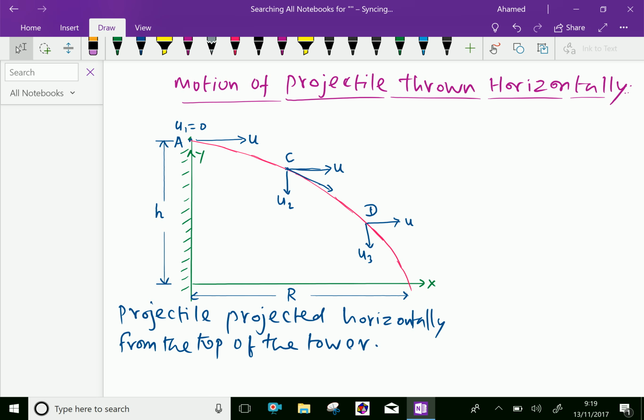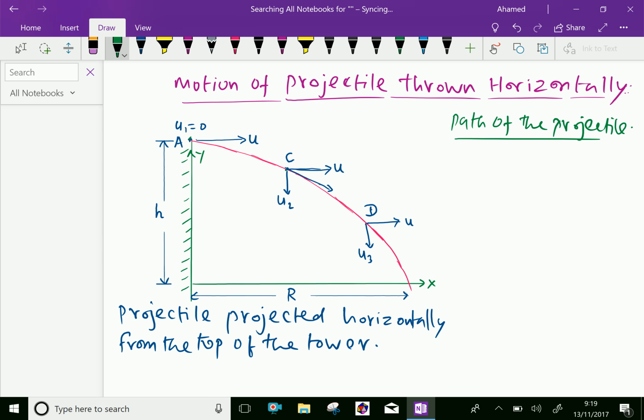Now let us discuss the path of the projectile. Consider a point C in the path.